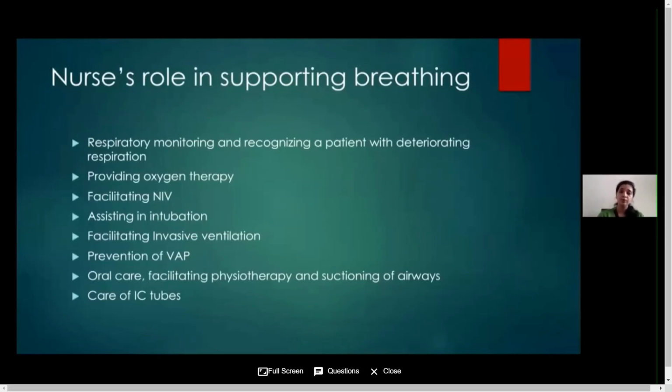You must also provide oxygen therapy and facilitate non-invasive ventilation, assist in intubation, and facilitate invasive ventilation as well. Provide ventilator-associated pneumonia prevention care and oral care, and facilitate physiotherapy and suctioning of airways. Also the care of IC tubes.